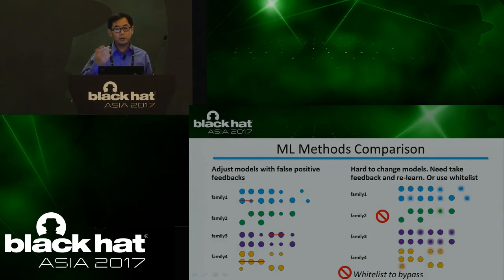But for the supervised, you have a model and it's hard to manually modify it. Then you have to either relearn, adding information that this is white, or use some kind of whitelist. But a whitelist is not very effective because it is based on the domain, URL and parameters. So if the same parameter happens on other domains, you're probably not able to bypass it.